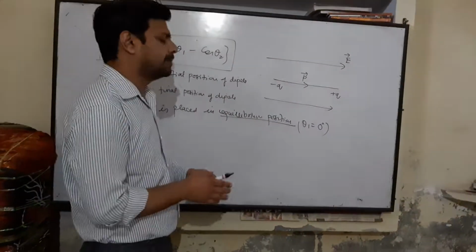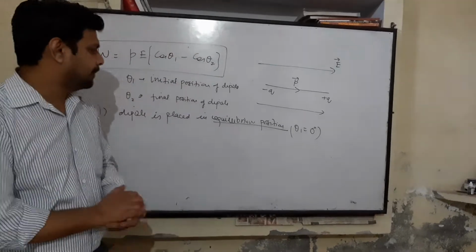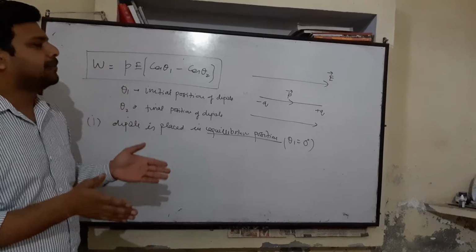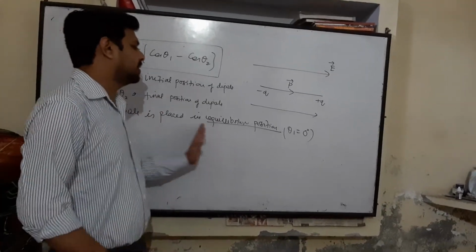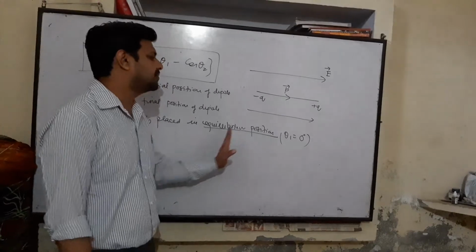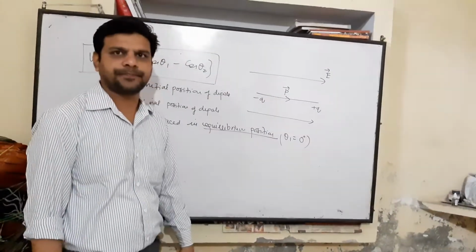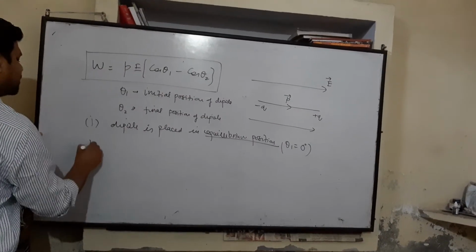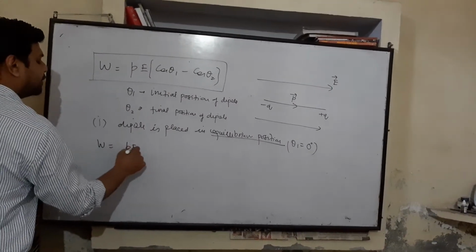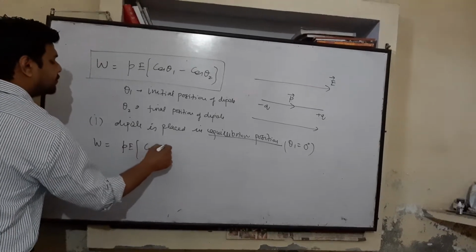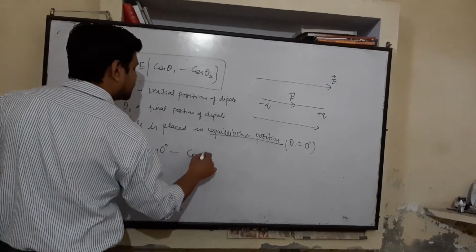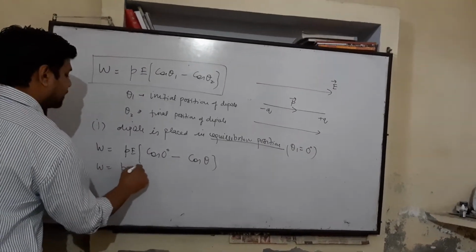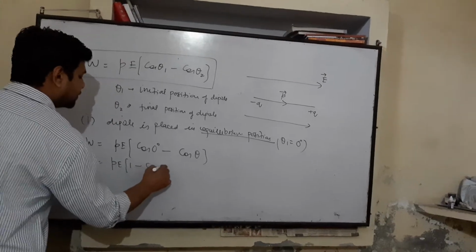If in a question there is a statement like this: a dipole is placed in equilibrium position, then it means theta is equal to 0 degrees. Then in this expression you can put theta 1 as 0 and theta 2 as theta. Then the expression will be PE into 1 minus cos theta.